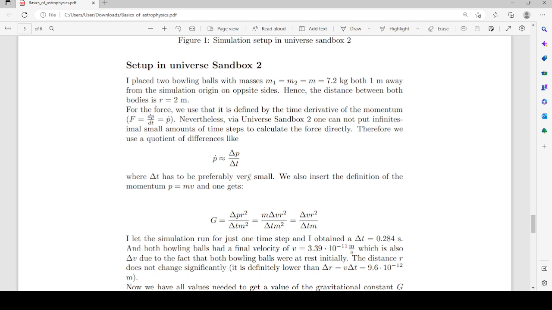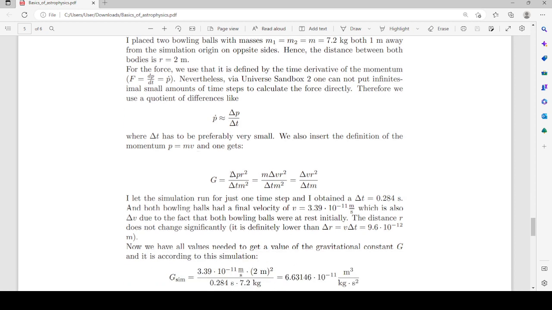We can insert this for the force and get this formula at the end. So I measure the difference in velocity. The radius should be relatively constant over a very small time interval, not changing significantly. Then I also have to measure the time difference and the mass.